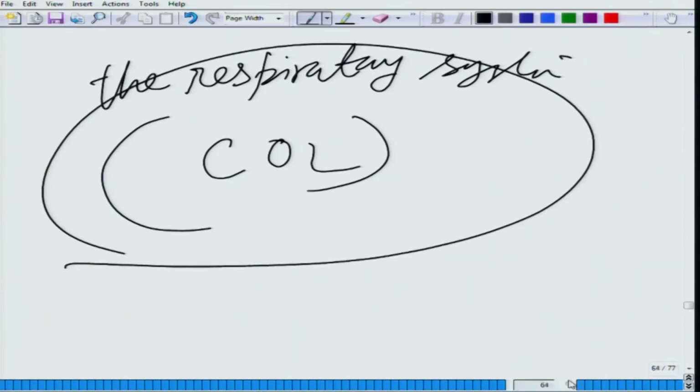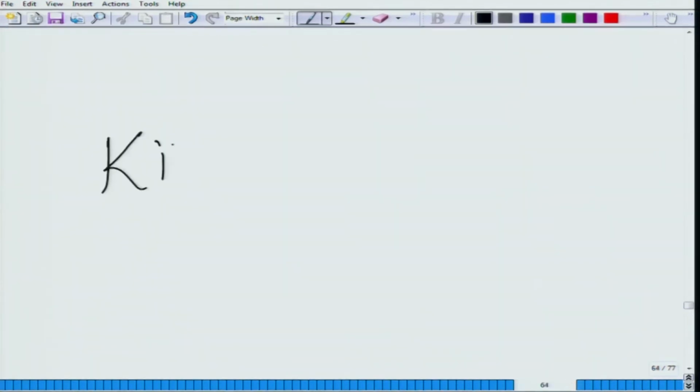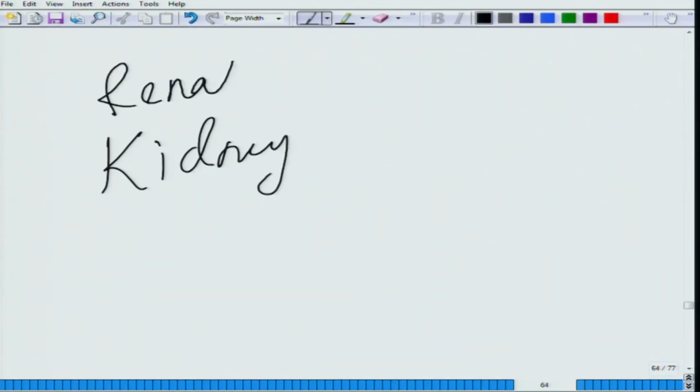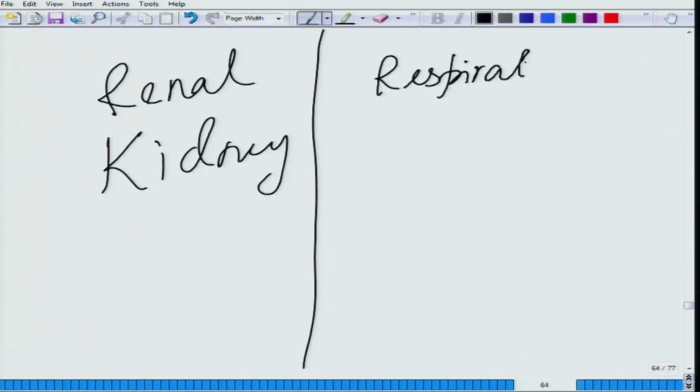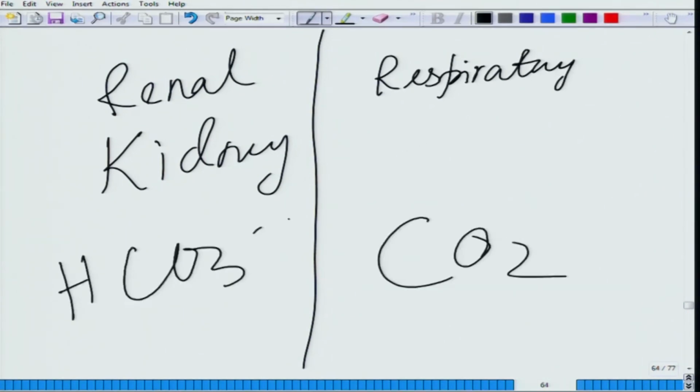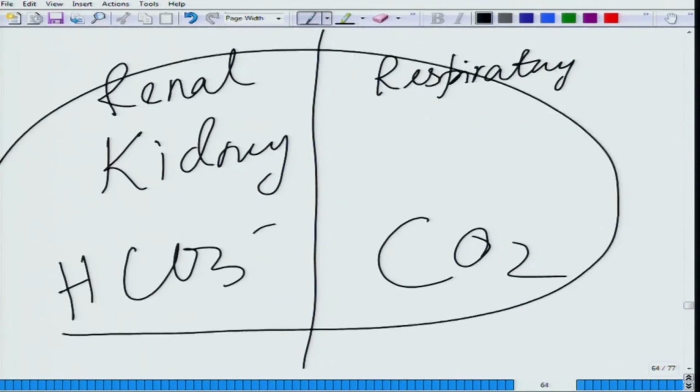So, you have an interplay of the kidney or the renal system and the respiratory system. This is regulating CO2, this is regulating HCO3 minus. As long as these are properly balanced, your pH in the body will be balanced. Okay.